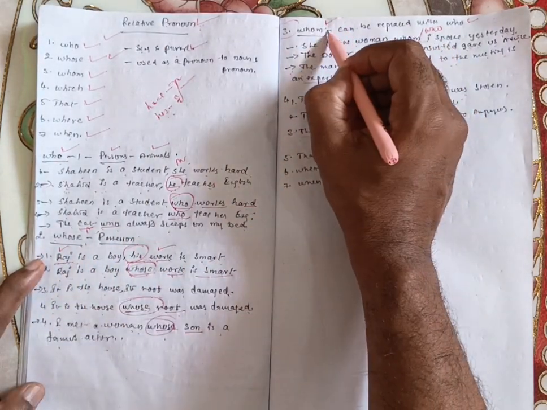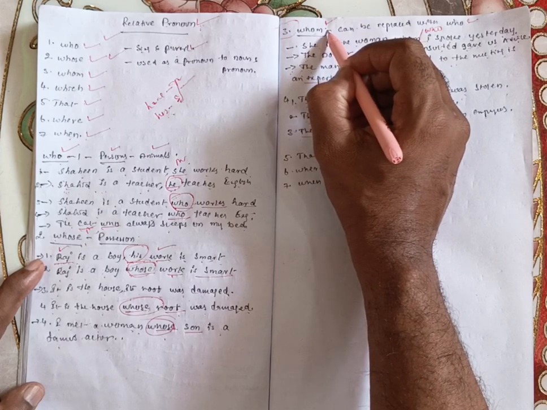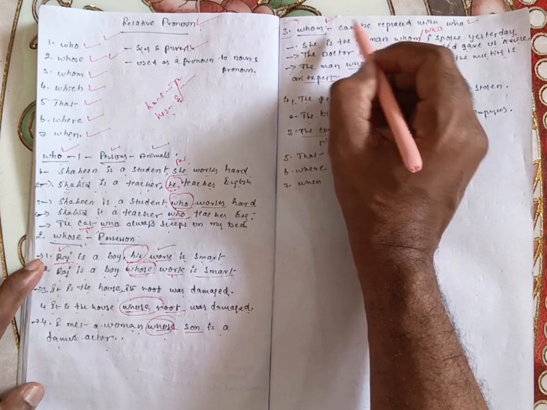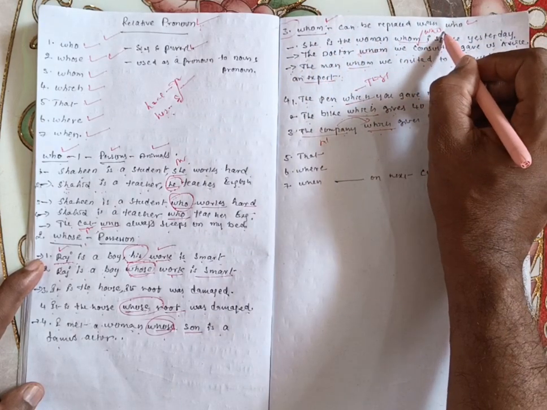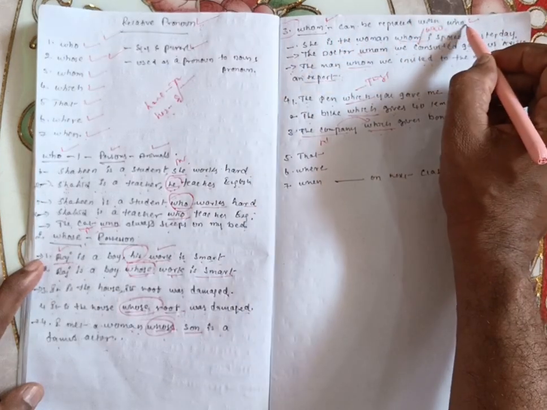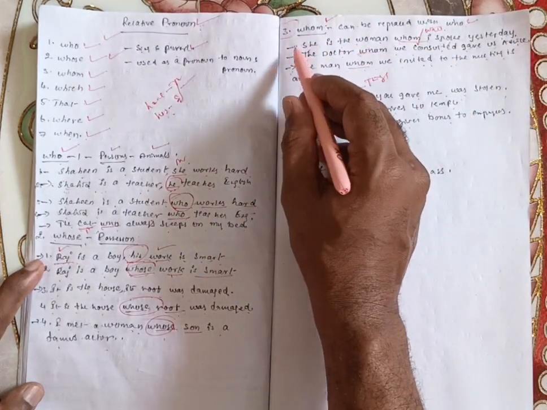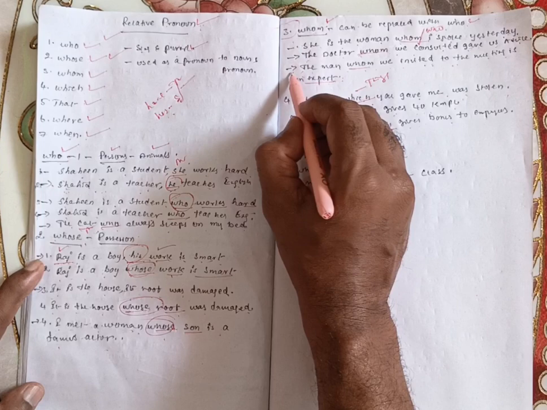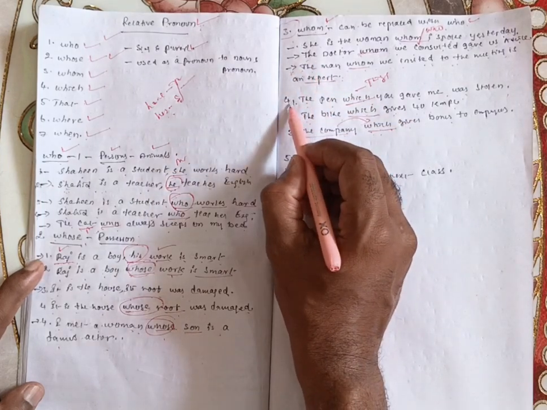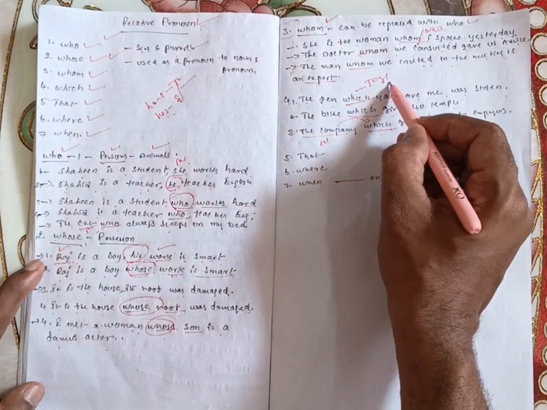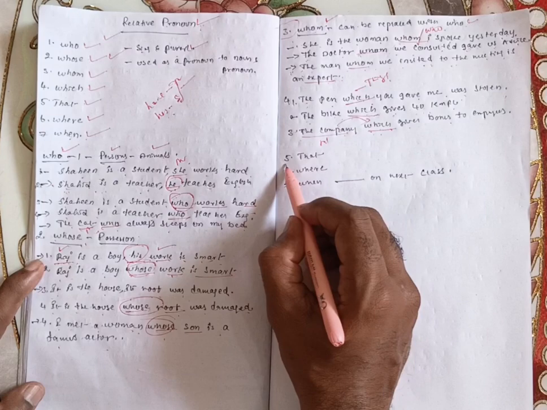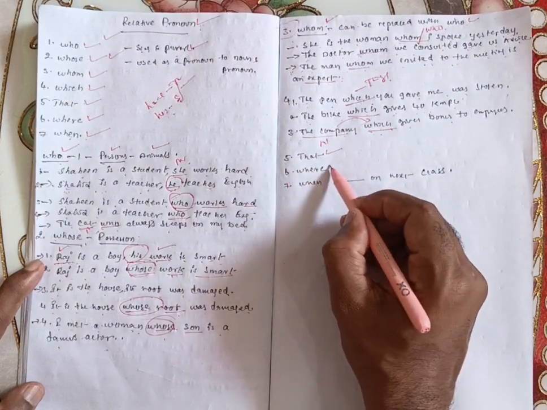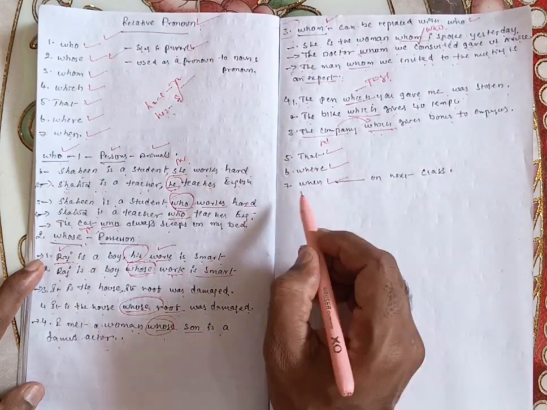Whom works the same as who, we can replace who with whom. I have explained examples. Number 4, which is used to speak about things. Number 5 is that, and 6 is where and when. We are going to discuss them in the next classes.